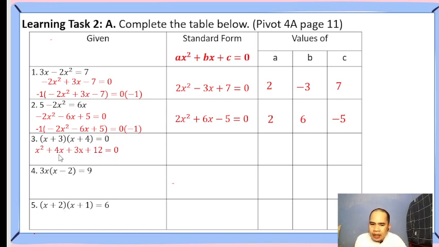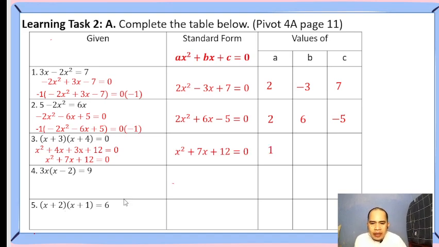So, as we observe, meron tayong common terms here, 4x at 3x. So, i-add lang po natin, combine lang natin. So, we have now standard form na x squared plus 7x plus 12 equals 0. Then, we have also our value of A. Okay. 1.